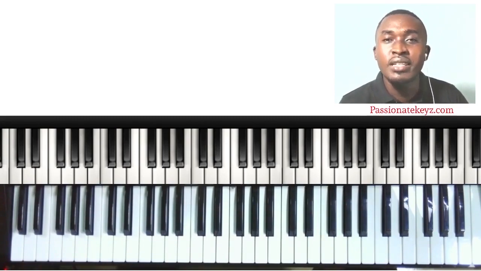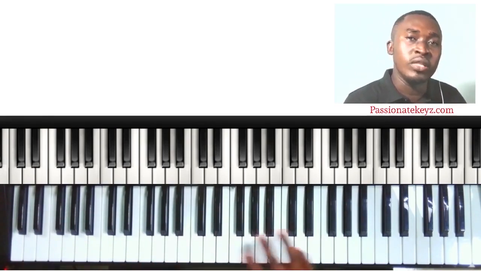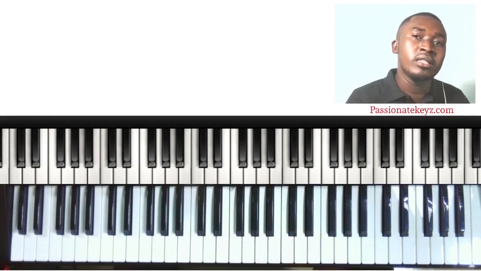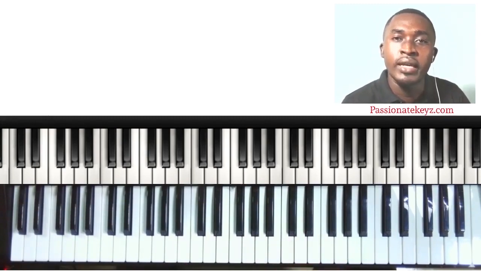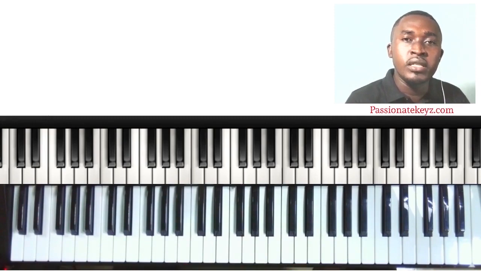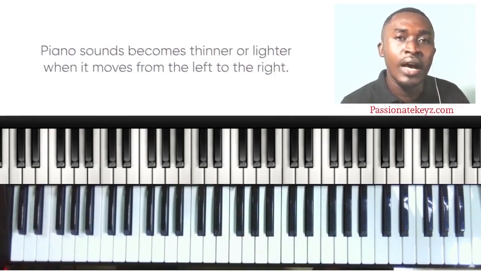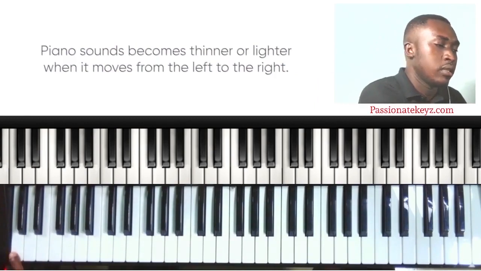The piano can be seen as a ladder that has been placed horizontally on the ground, with each step representing each key on the keyboard. Now, the pitch of sound on the keyboard becomes thinner as you move from left to right.